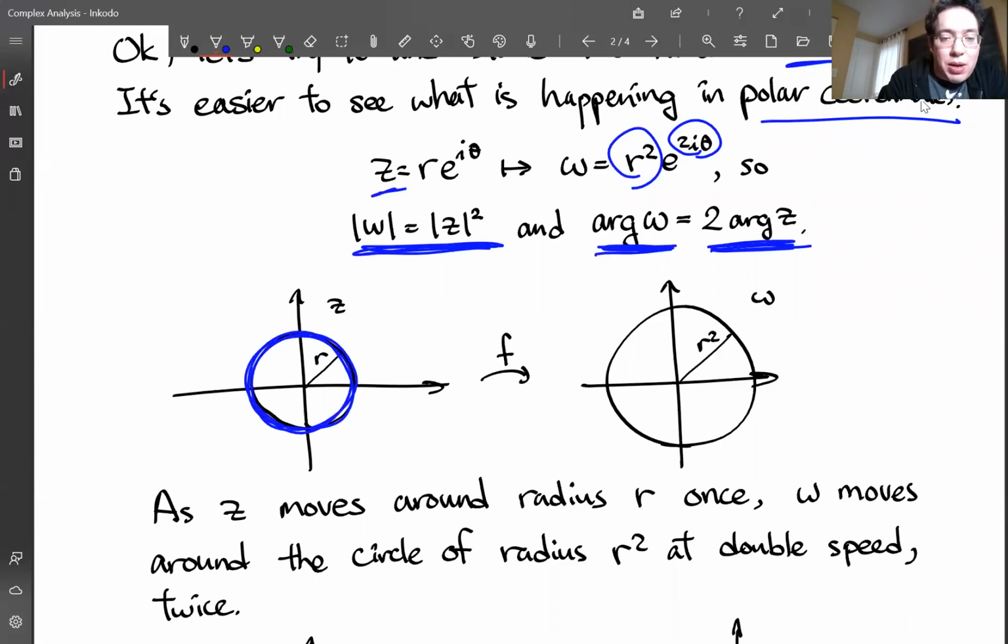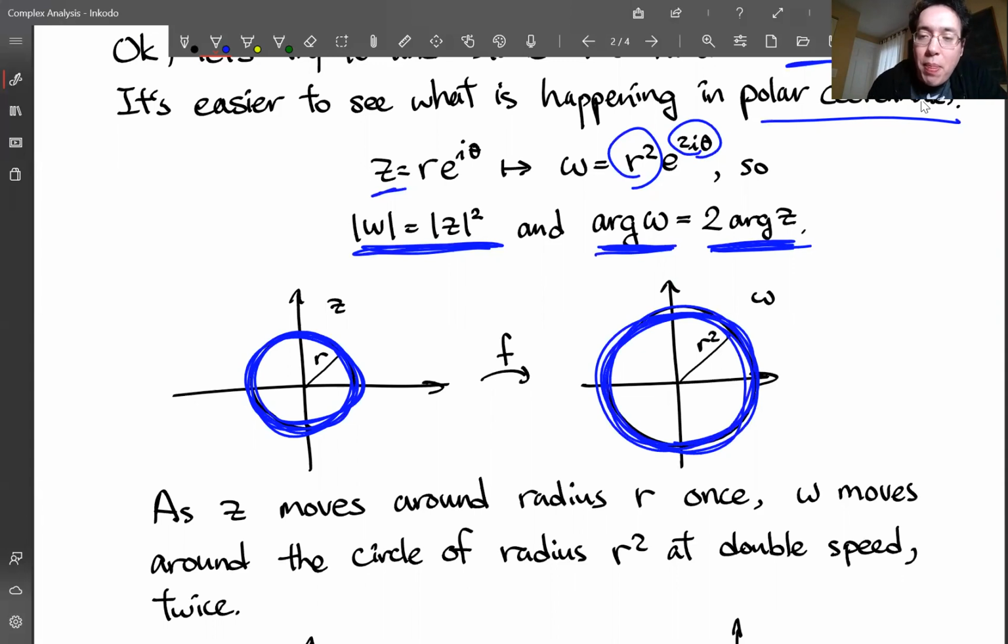If we start with a domain that looks like a circle of some radius r, after you square it, you get a circle of radius r squared, right? Because that's how the modulus is transformed. On this circle, the modulus is fixed at r. The output must have the modulus r squared. So that's what it's doing.